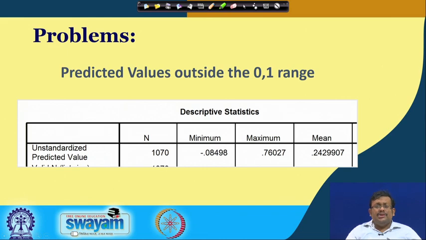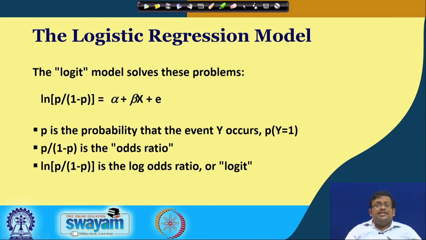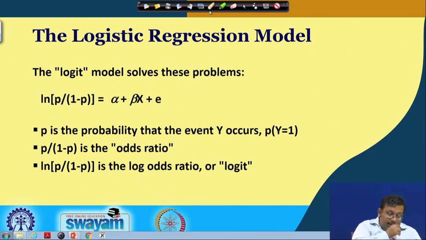So, what is the solution? The solution is to use the logistic regression model. The logit model solves this problem, where we use the natural logarithm of p by 1 minus p, and we use alpha plus beta x plus e. So, it is a linear regression formula, and only in the case of y we are using this logarithm of p by 1 minus p, where p is the probability that event y occurs.